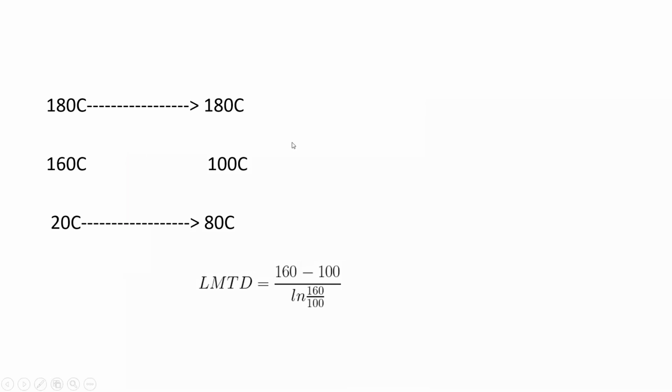You should consider what is the actual temperature difference initially and what will be the temperature difference after the temperature rise, right? Then you take LMTD, then you can calculate all the values.